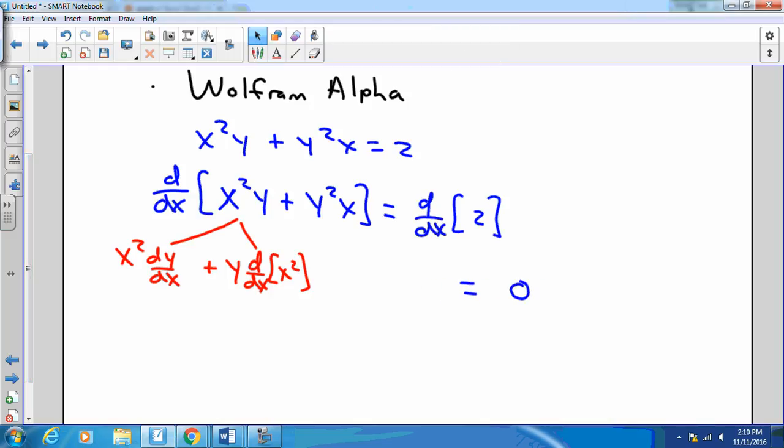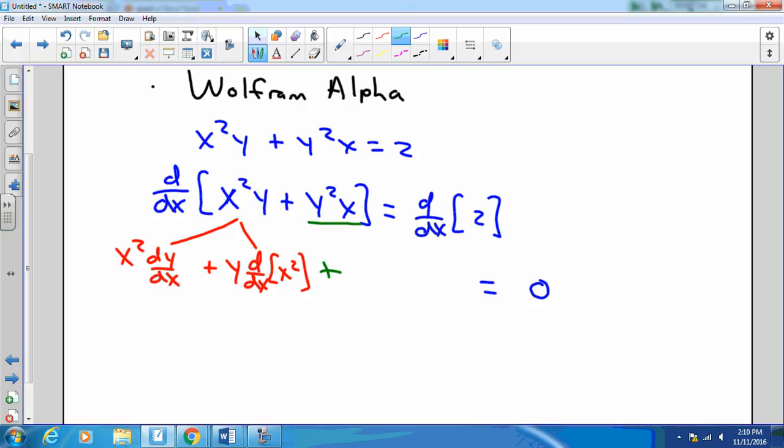And then for the next term, we have y squared times the derivative of x plus x times the derivative with respect to x of y squared. That's a little bit cramped, but is everybody clear on what's happening?